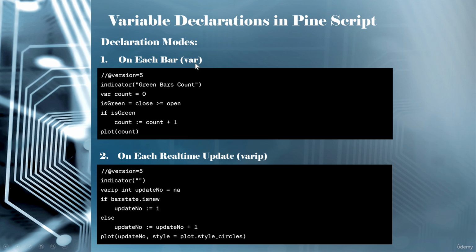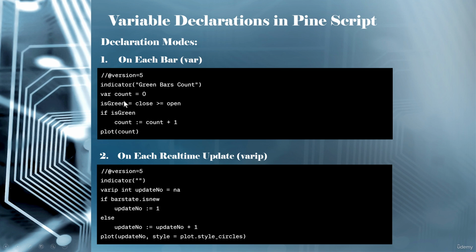When var is used, the variable is initialized once on the first bar in the global scope or the first time in the local block. It retains its value on the successive bars until reassignment.